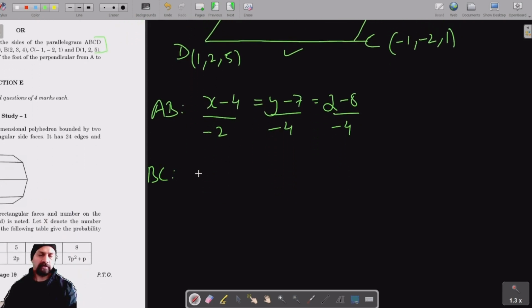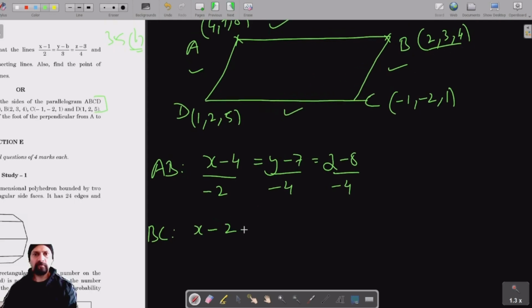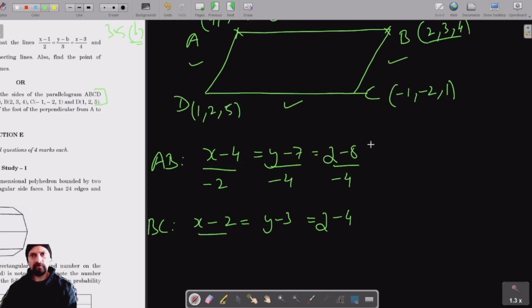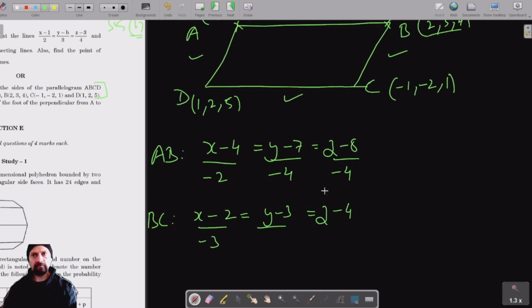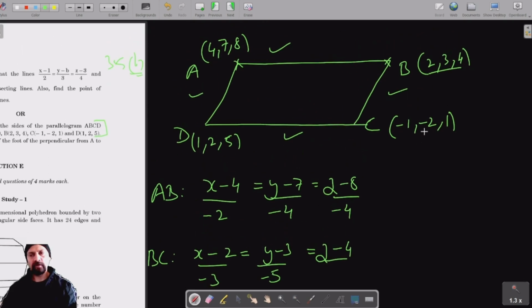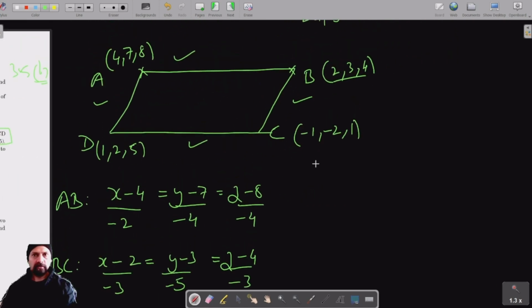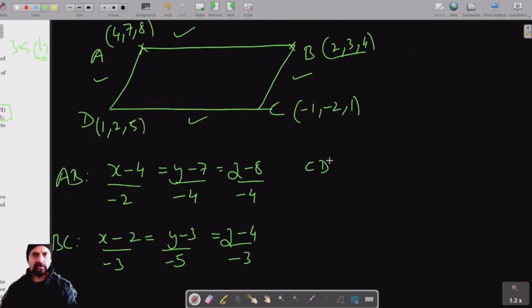Now equation of the line BC is x minus 2, y minus 3, z minus 4, these are x1, y1, z1, over minus 1 minus 2 is minus 3, minus 2 minus 3 is minus 5, and 1 minus 4 is minus 3. Similarly, we can get the equation of line CD.